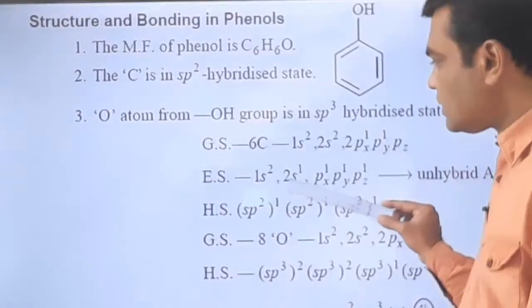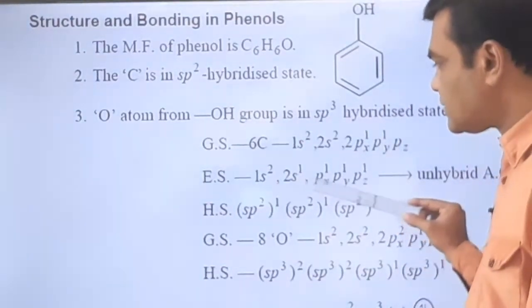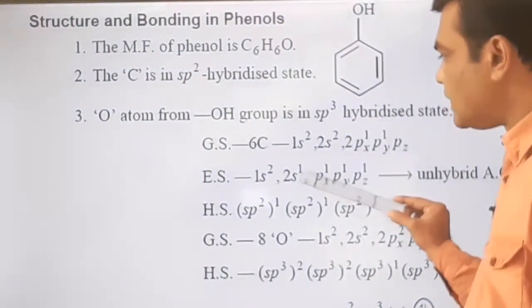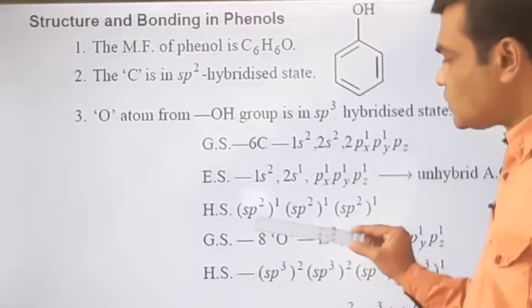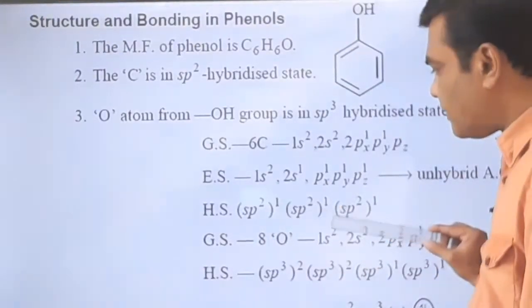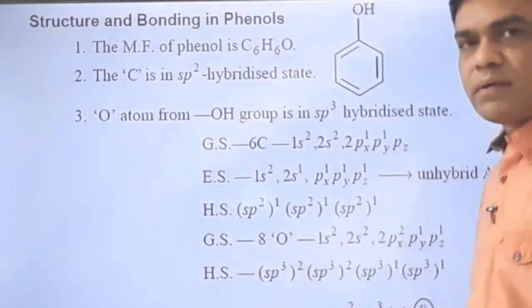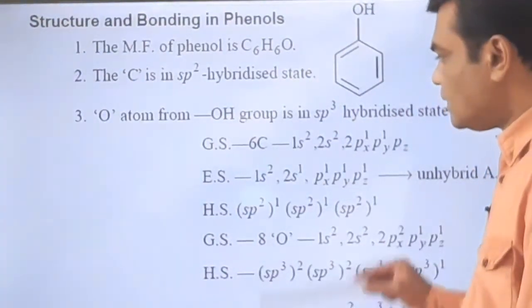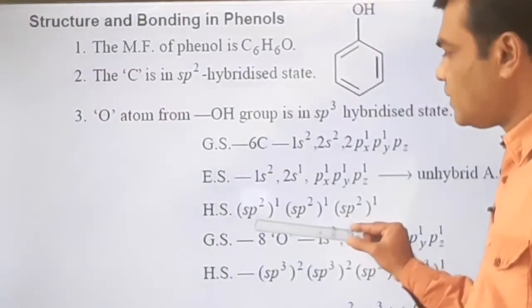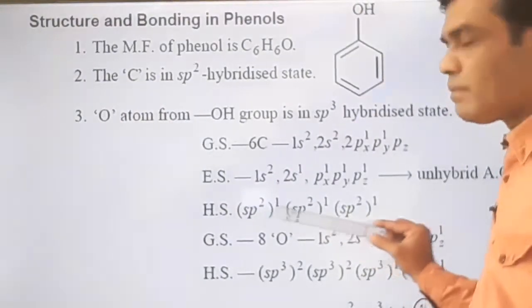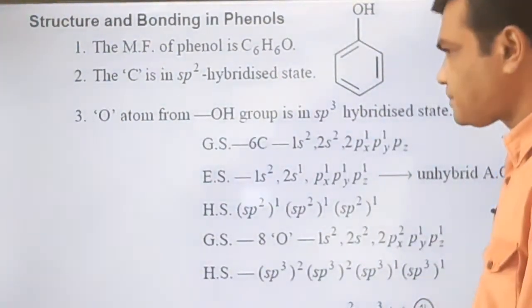How many total electrons are there in this 2s, 2px and 2py? 3. So in the resultant sp2 hybrid orbitals, each hybrid orbital will have 1 electron. So in the hybridization state of carbon, we get 3 sp2 hybrid orbitals, each containing 1 electron.